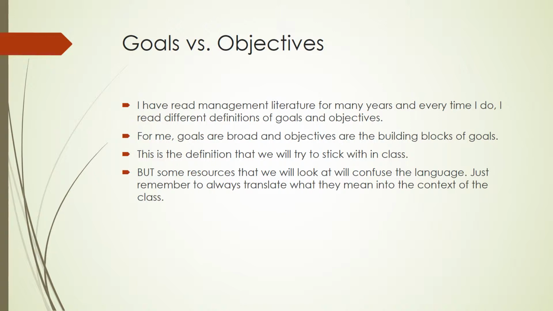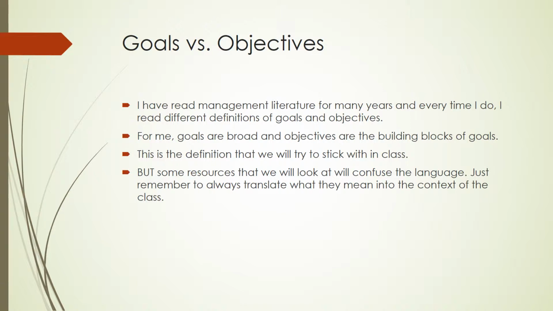In the literature on goal setting and creating objectives to reach those goals, the two words, goals and objectives, are rather confusing. I've been looking at management literature for years and looked at some stuff for this particular presentation, and once again, I was confused.